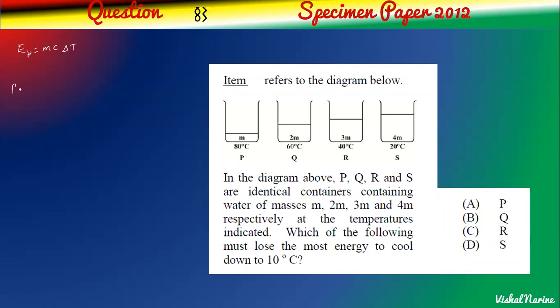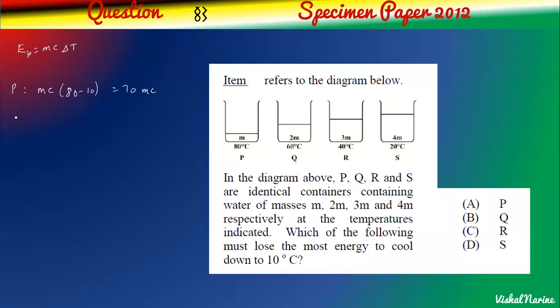For P, the mass will be m, and all of them are water, so I'm just going to use the letter c, times ΔT. All of them are going to go down to 80, so we subtract the temperature, that's 80 minus 10. Working that out, you'll end up with 70 mc.